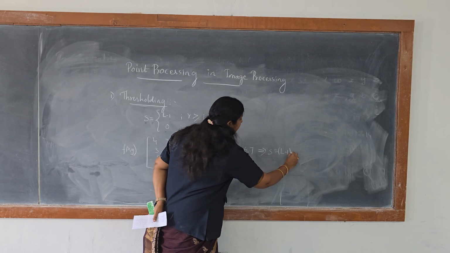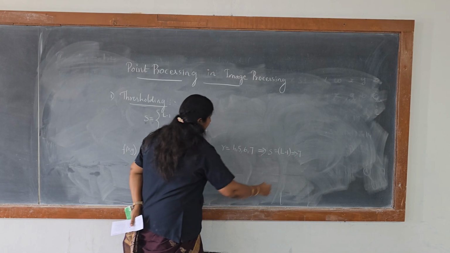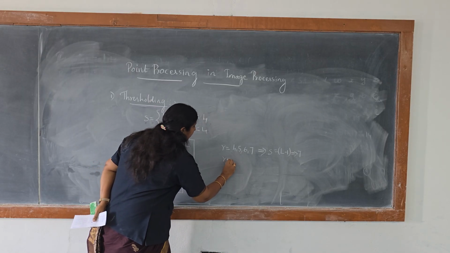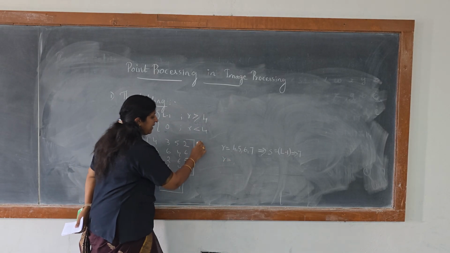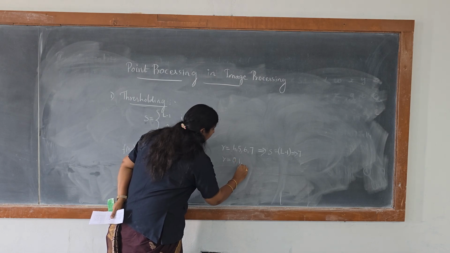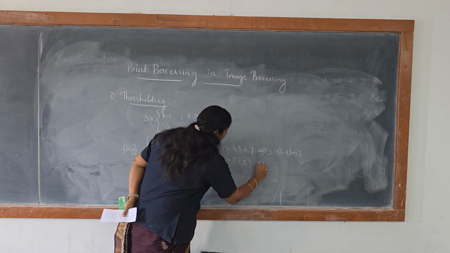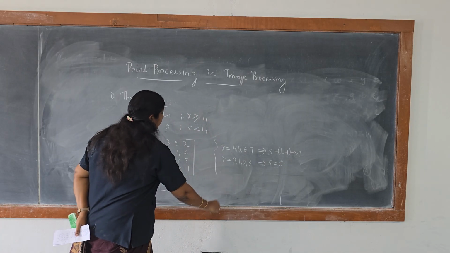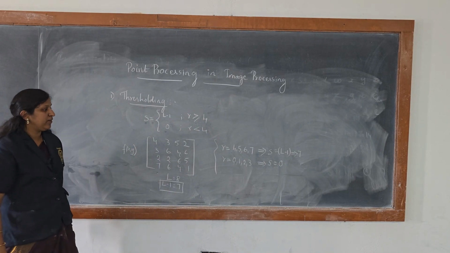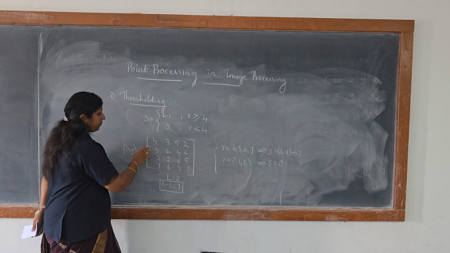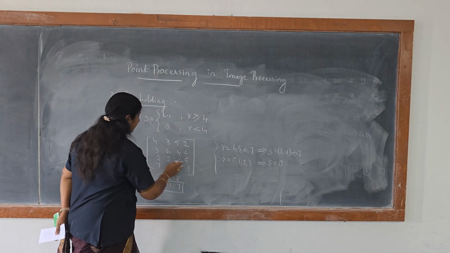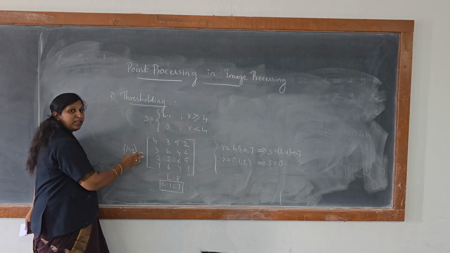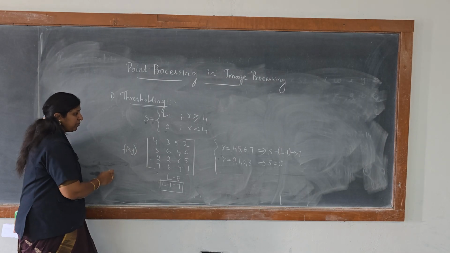In this example, the S value is 7. Otherwise, if R is less than 4, that is 0, 1, 2, 3, then the S value will become 0. So this is a simple relation for thresholding. Based on this relation, we can generate the output image g of x comma y.